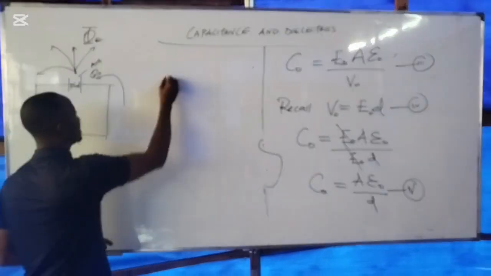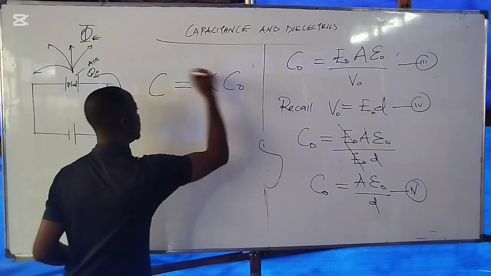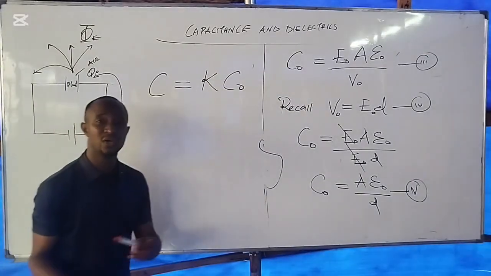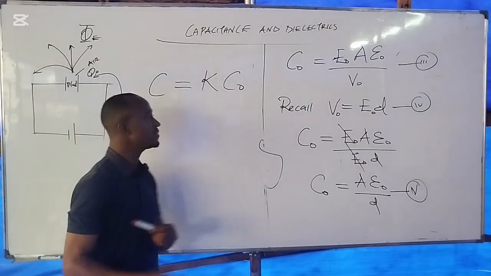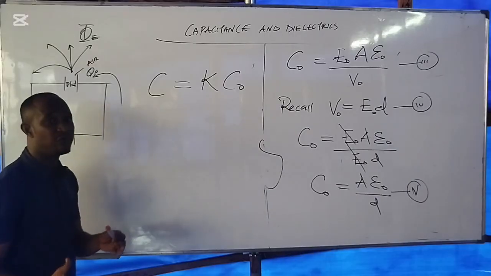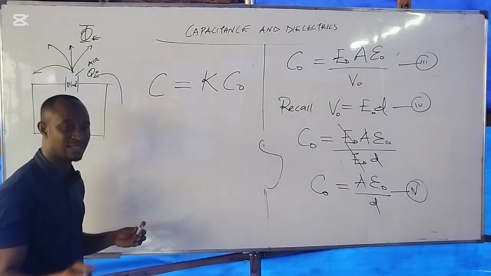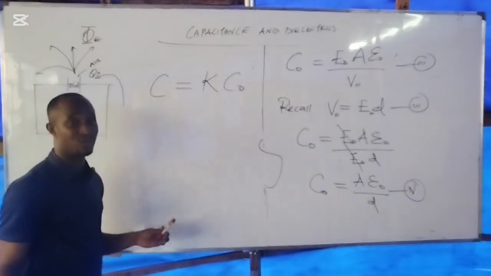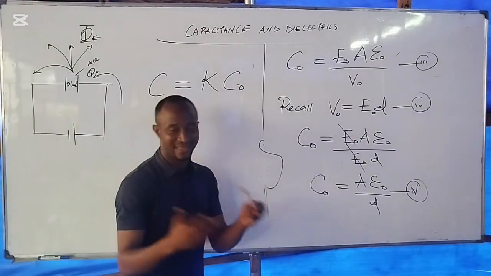And the capacitance of the capacitor will now become K C naught, because we have been able to replace air with a different dielectric material. Now, this represents the capacitance of the capacitor when air is not the dielectric material. C naught represents what? The capacitance of the capacitor when air is the dielectric material.